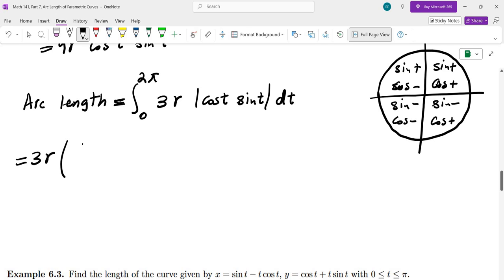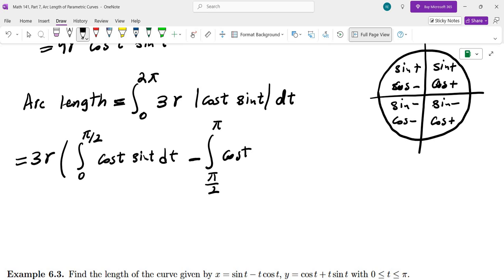So this is 3r times the integral from 0 to pi over 2 of cosine times sine. r is positive, so we can take it out of the absolute value without a negative sign. From pi over 2 to pi, cosine is negative and sine is positive, so I have to put a negative sign: cosine of t sine of t, plus the integral from pi to 3 pi over 2 of cosine t sine t.